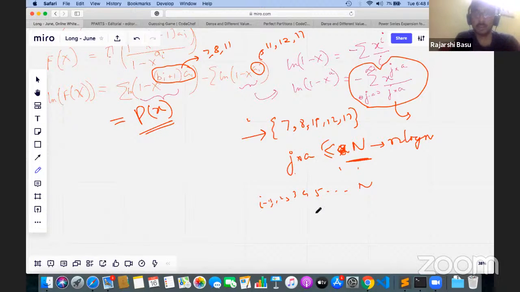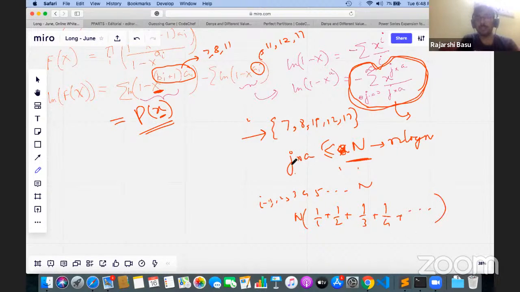Because like a polynomial in x, for every power of x you will know what coefficient to put using this formula, like using this expansion, and you will overall need to iterate over them n log n, because it's basically n by 1 plus n by 2 plus n by 3 plus n by 4 plus so on. So the number of times this j needs to iterate is n by a, hence this thing. So this effectively reduces to n log n.